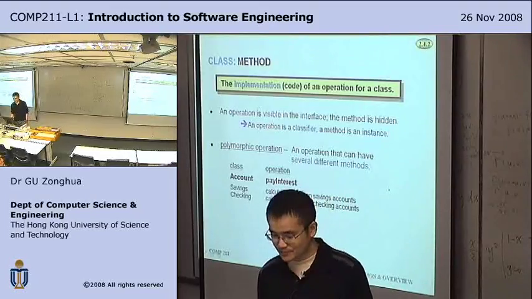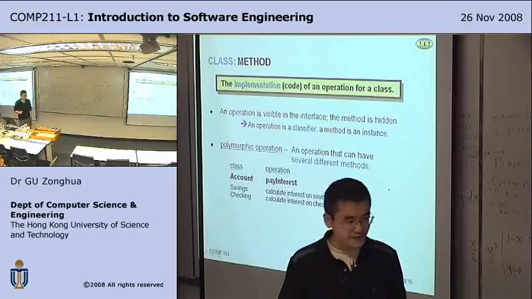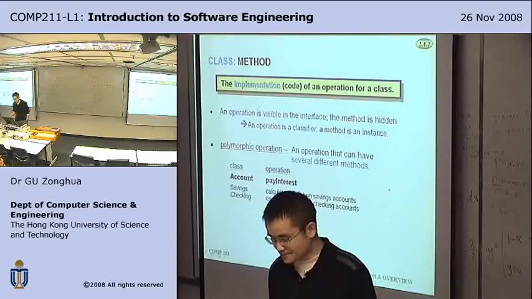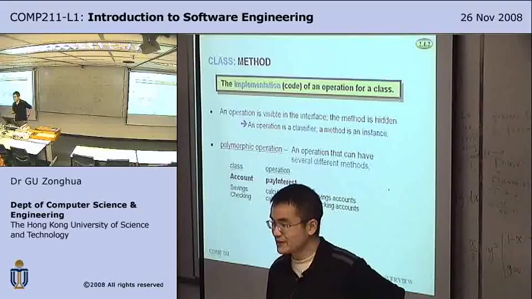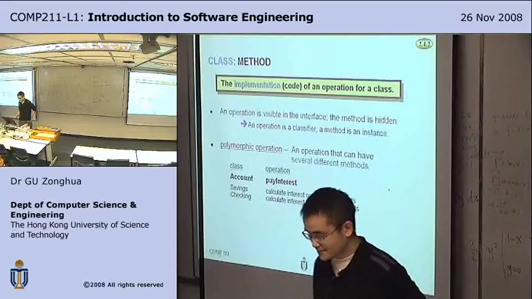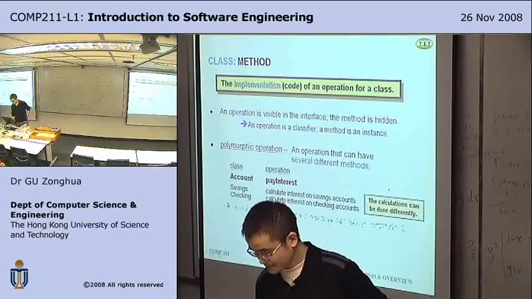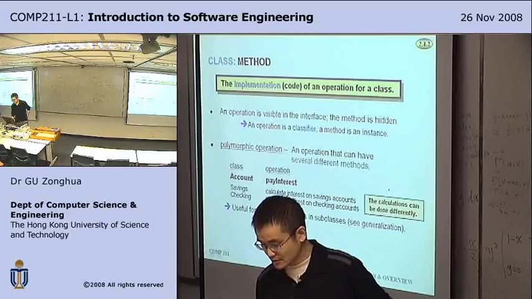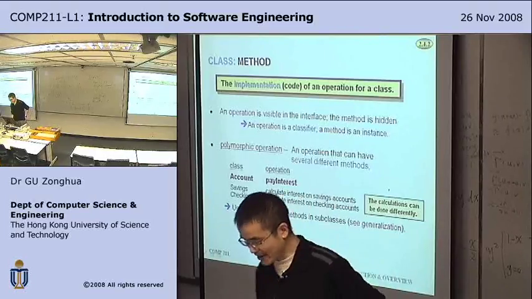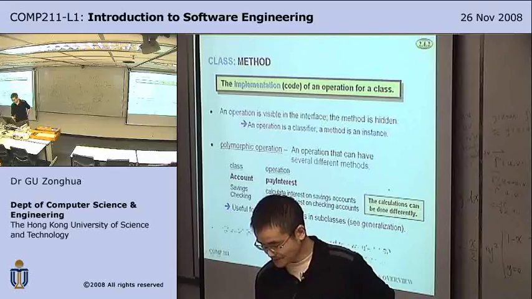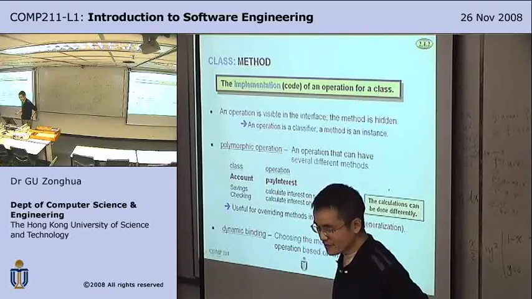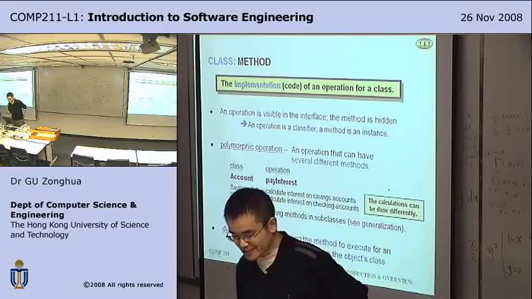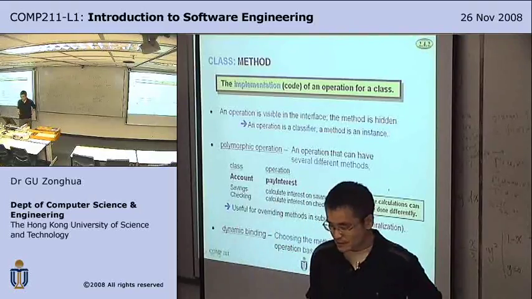So polymorphic operations are used when you have inheritance. This is discussed later in generalization and inheritance. Dynamic binding refers to when you choose the method to execute for an operation based on the object's class.